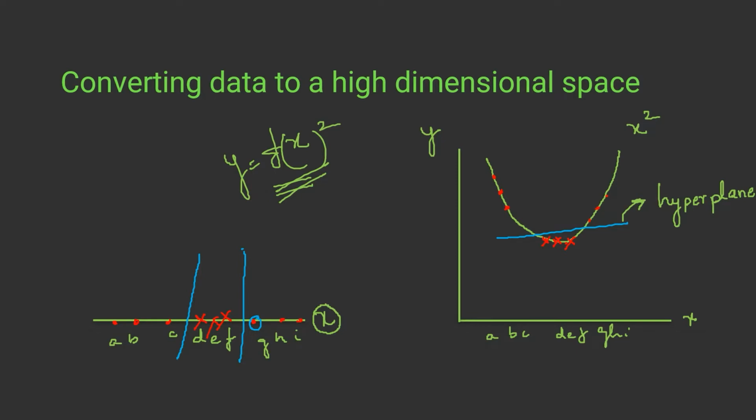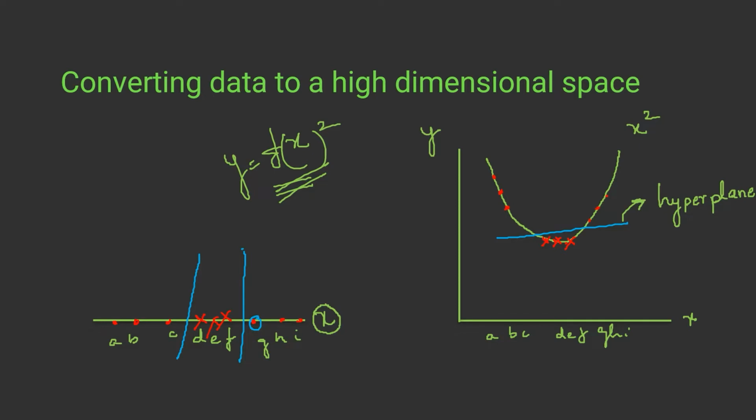So for that, the best approach to use is the kernel approach. That's why we have to use kernels. Don't worry about that. I'll explain what a kernel is in the next lecture. So this is how support vector machine works.